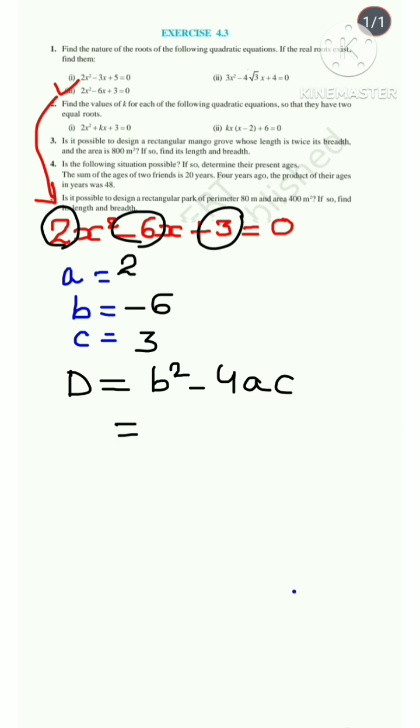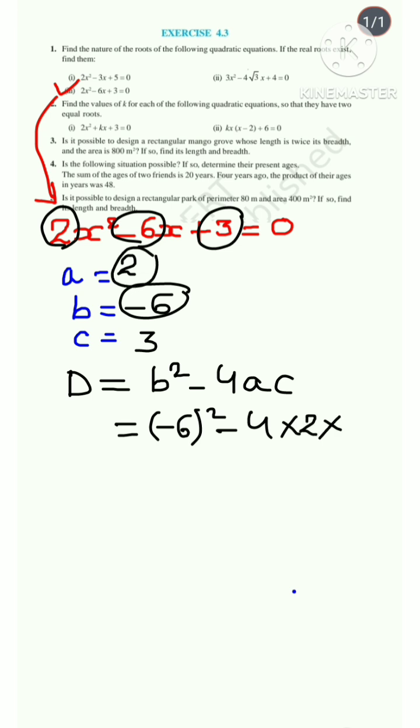Now just put the value. b equal to, we have -6 whole square minus 4 into a equal to, we have 2, into c equal to, we have 3.